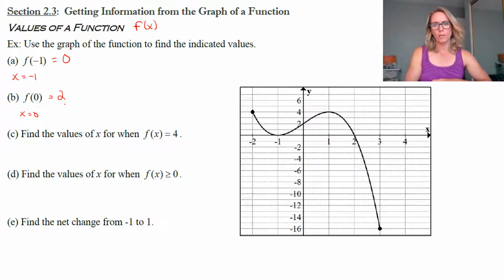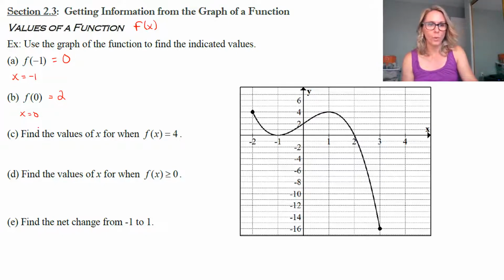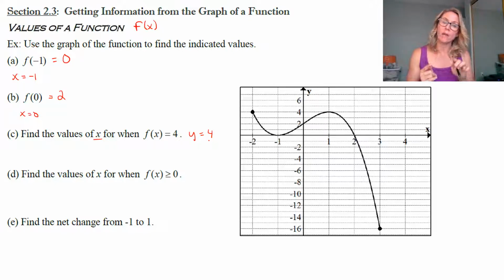Now the next one is one that students sometimes have trouble with, and it's basically asking us the opposite thing. It's saying find the values of x when f of x equals 4. Understand that that's the same as saying when y equals 4. So you're looking for any place on the graph where y equals 4 and then giving the x value of that point.